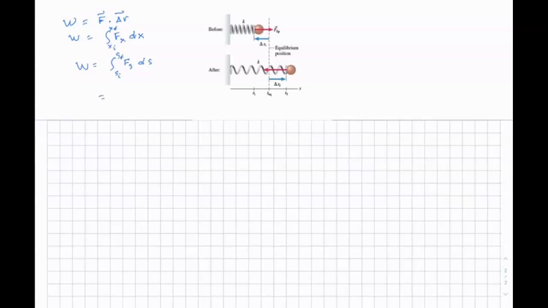And we know from Hooke's law that that force is equal to minus k times delta S, which we can write as the integral from S initial to S final of minus k times S minus S equilibrium, ds.